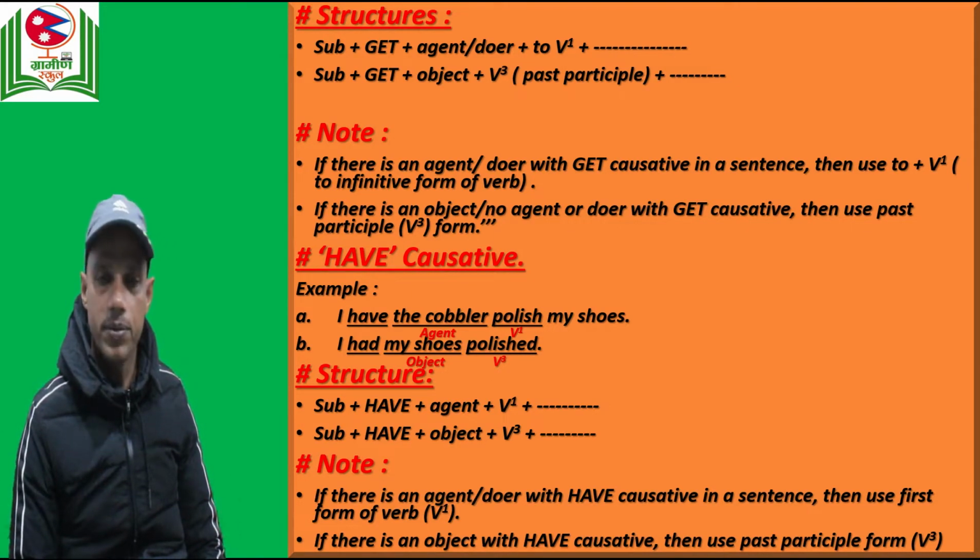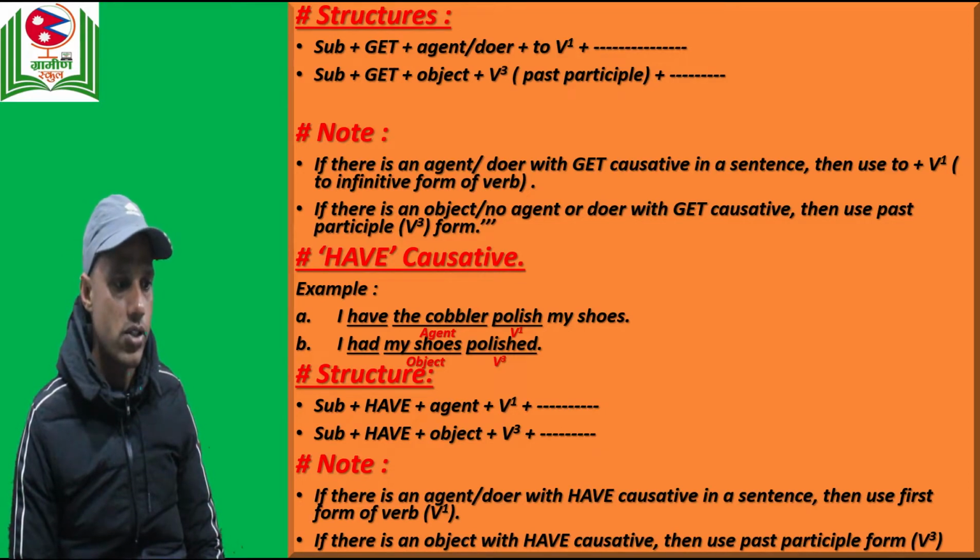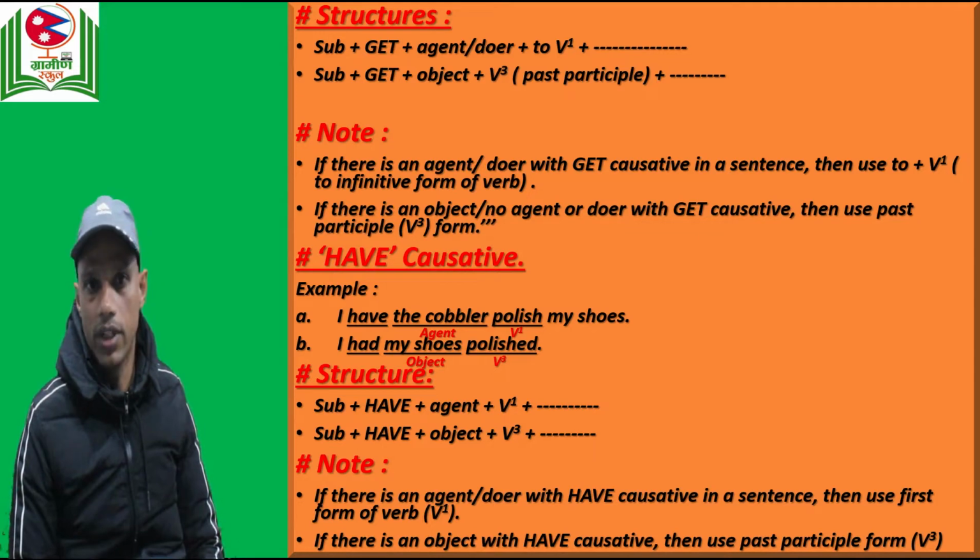Each type of causative verb has two structures: one with agent and the other without agent. Now, if there is an agent with get causative, which form of verb do we have to choose? You can see the structure there: subject plus get plus agent or doer plus to verb 1. It means if there is an agent with get causative, then you should use the to verb 1 form or to infinitive form of verb.